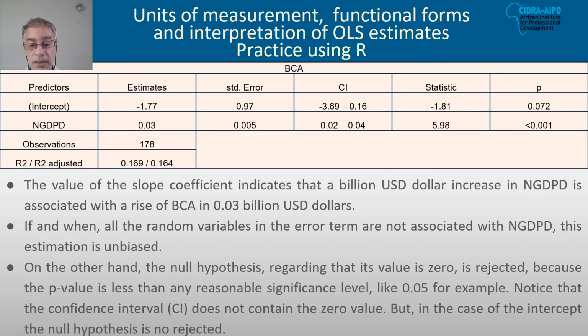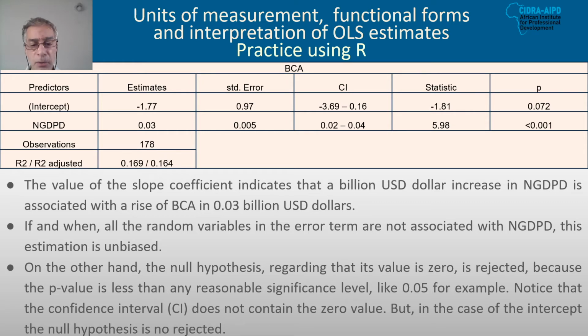As we saw in the theory part of this lesson, if and when all the random variables in the error term are not associated with NGDPD, this estimator is unbiased. Otherwise, it's biased, and we have to correct that problem.